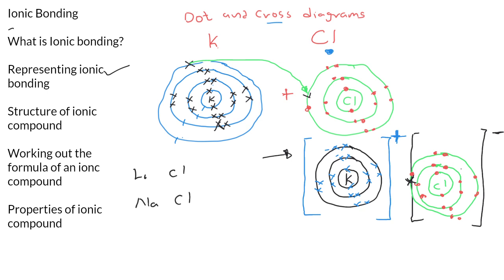If you like, you can also do magnesium and oxygen. And we can also see later on, which is going to be the next thing I'm going to show you, something like magnesium and chlorine, how these kinds of bonds can be formed.